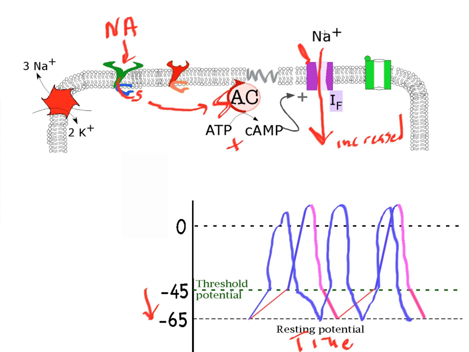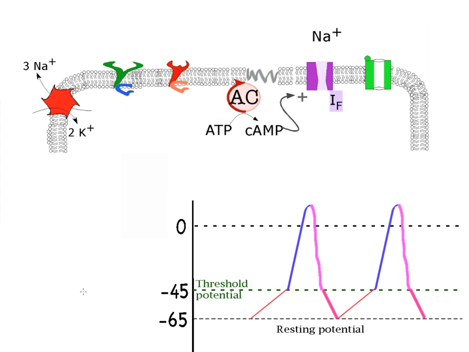So the key is that more sodium enters when the funny channels are open, which shortens the period of time it takes between heartbeats by increasing the slope of this pacemaker potential, because the depolarization happens faster.